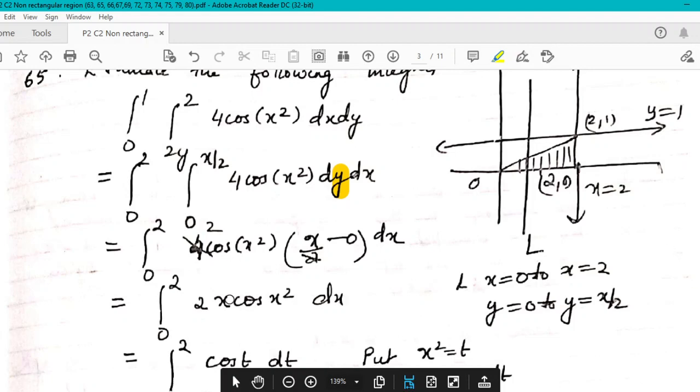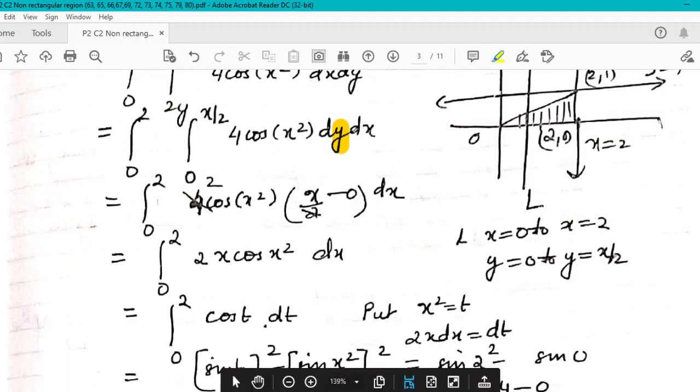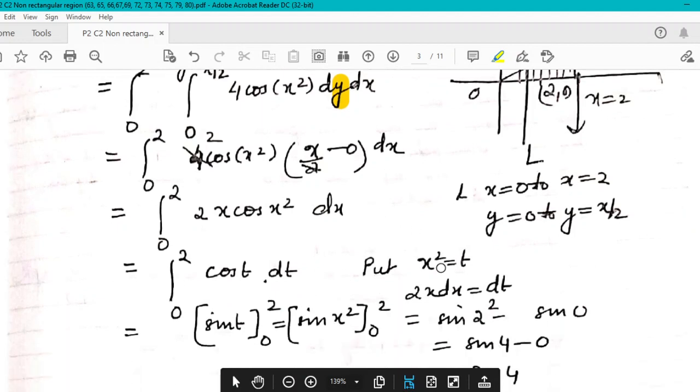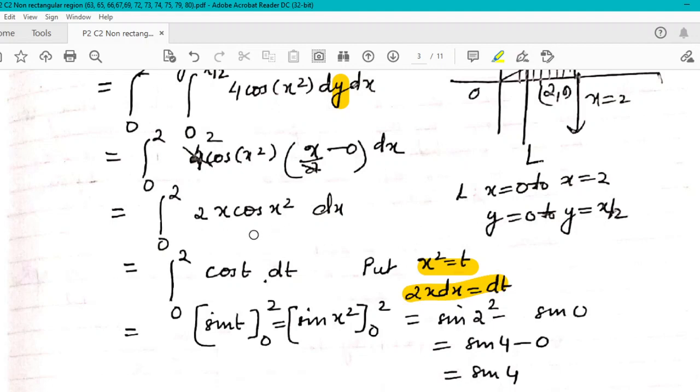Now how will you integrate this? By the method of substitution. Put x square equal to t, so 2x dx equal to dt. So we substitute the integral of cos t dt.